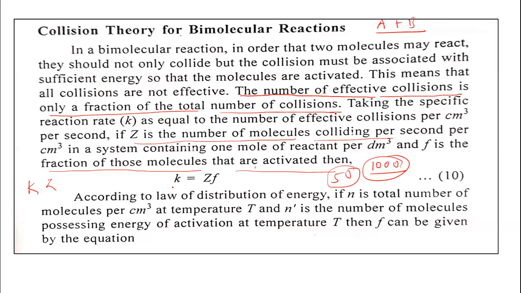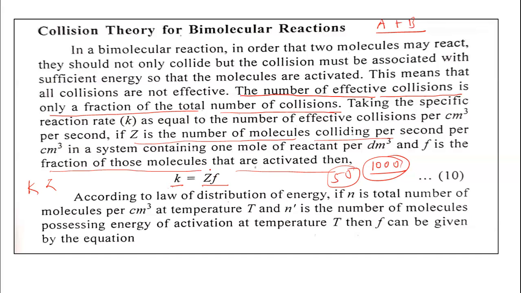So the rate constant K is the product of the number of molecules colliding multiplied by the fraction of those molecules that are activated. It means that the specific reaction rate constant depends upon the number of collisions as well as the fraction of those molecules that are activated.